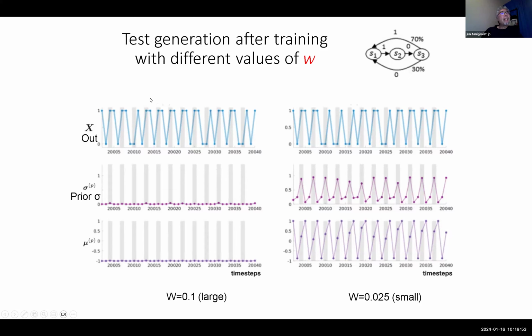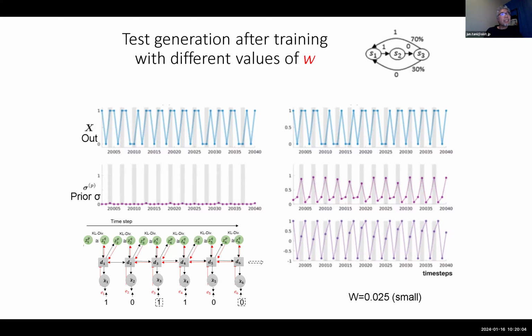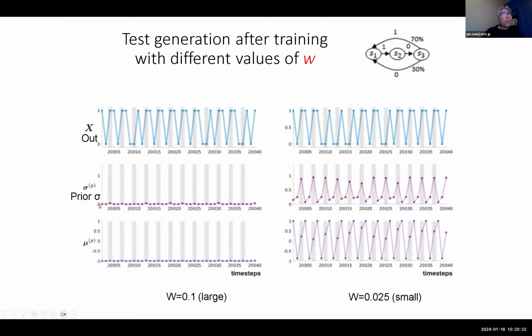Then when we look at the prior sigma, the prior, this one is a Gaussian distribution parameterized by sigma, and I'm showing that sigma. It looks like almost 0, right?